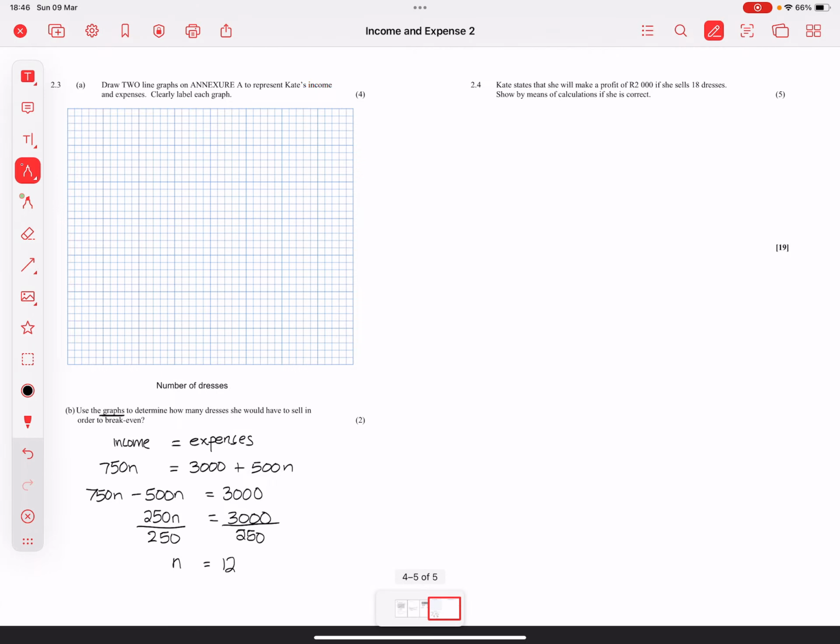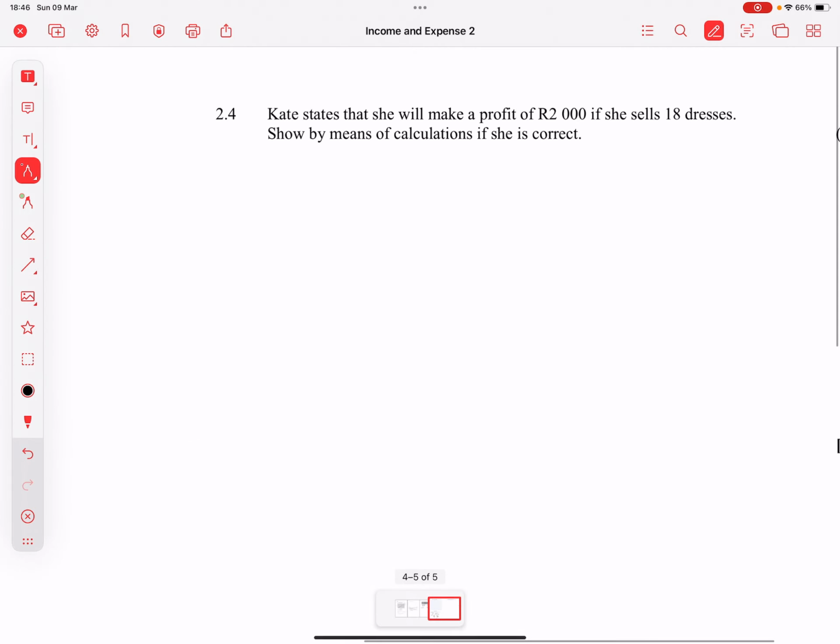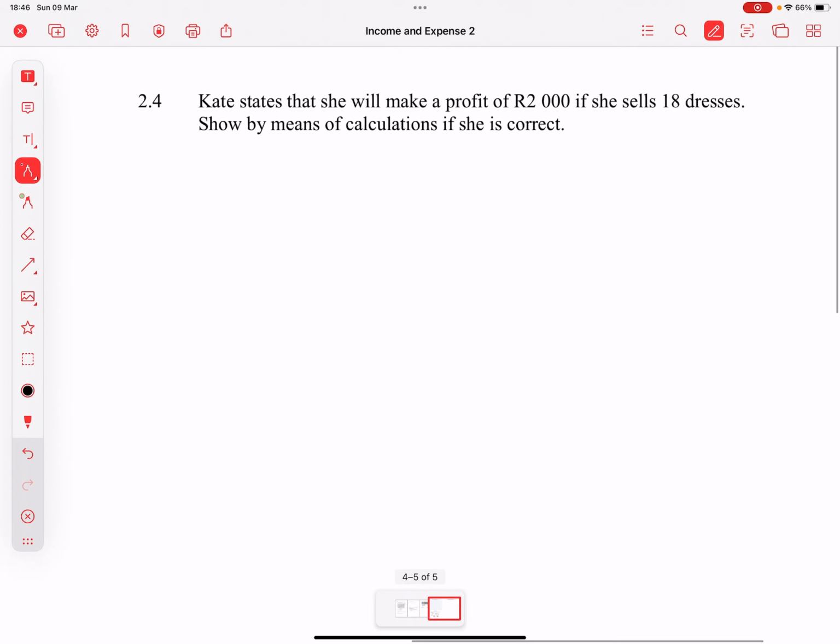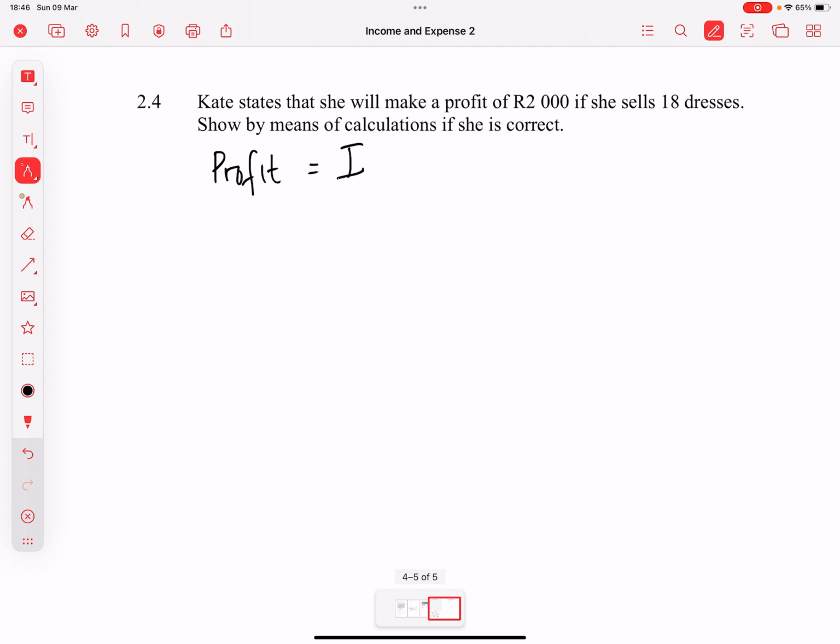Kate states that she will make a profit of 2,000 if she sells 18 dresses. Show by means of calculations if she is correct. So here you could start with either your income graph. So if we're working with profit, basically profit is equal to income minus expense.